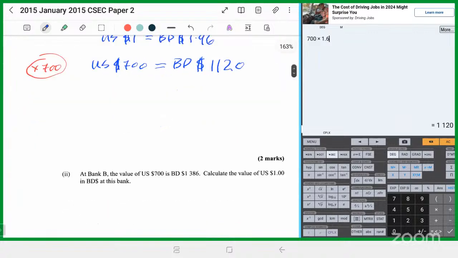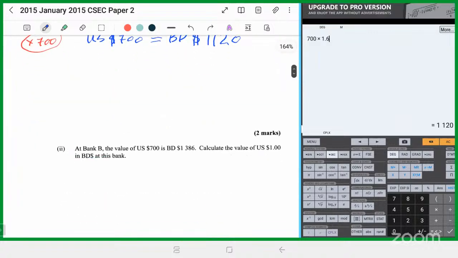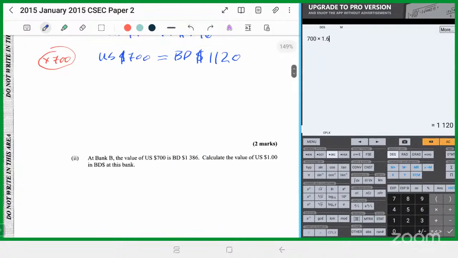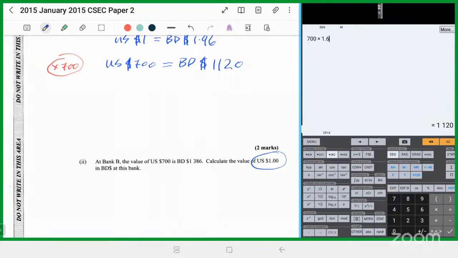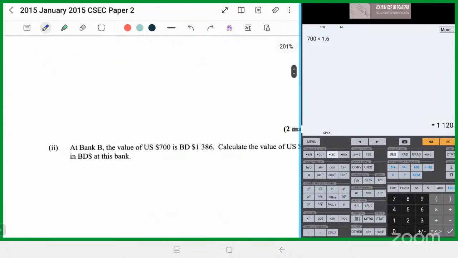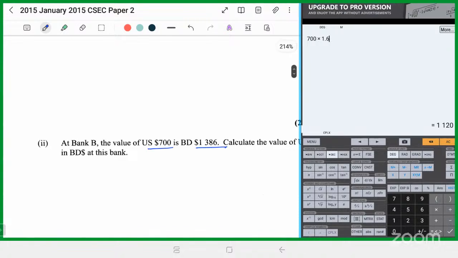All right. Next part now says at another bank B, the value of the $700 is this. So this is getting more Barbados dollars than that at bank B. It says calculate the value of $1 US at bank B. So basically what it is now is that you have this as a ratio now, and you now want this to become 1.